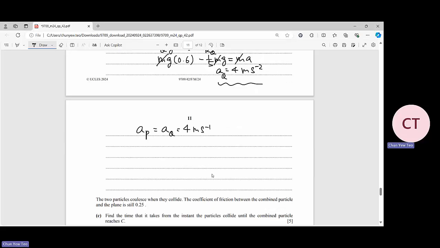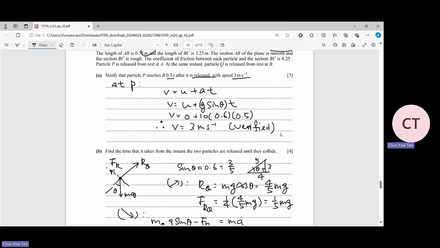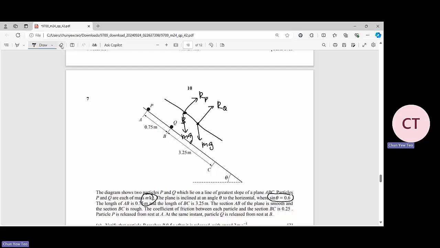Now we consider P, where s_P will be 3(t minus 0.5) plus half a (t minus 0.5) squared. We consider this moment as t equal to 0.